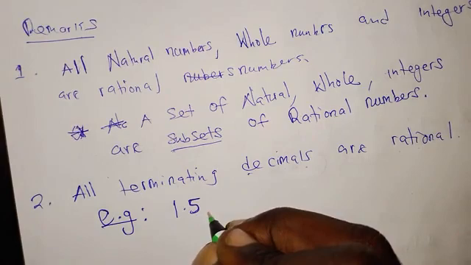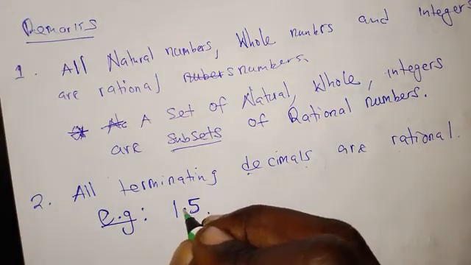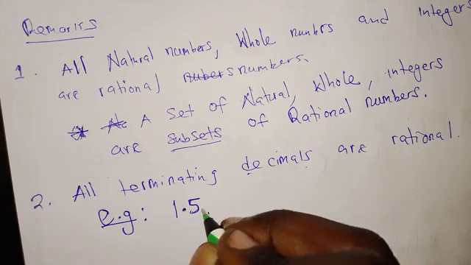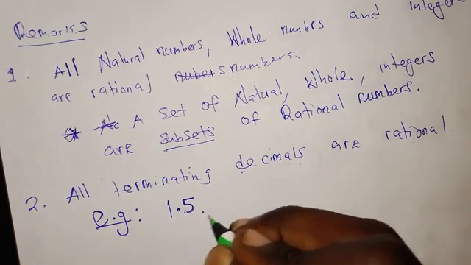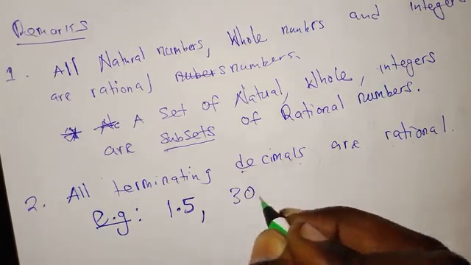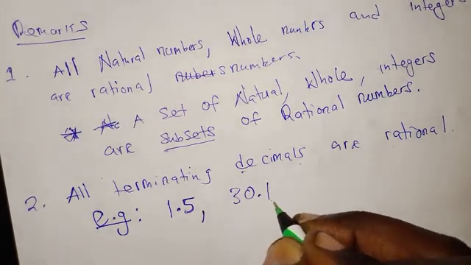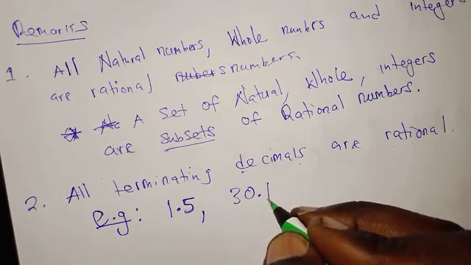1.5 is a decimal number, but it is terminating. As you can see, after the point, the only number we have is a 5. It has terminated, it has ended. Another example we can give is 30.1. It is a terminating decimal number.